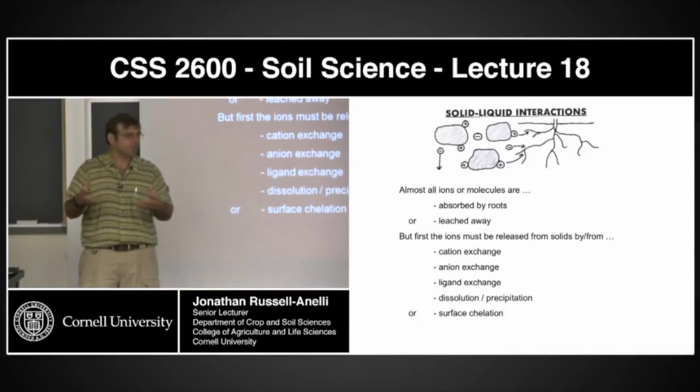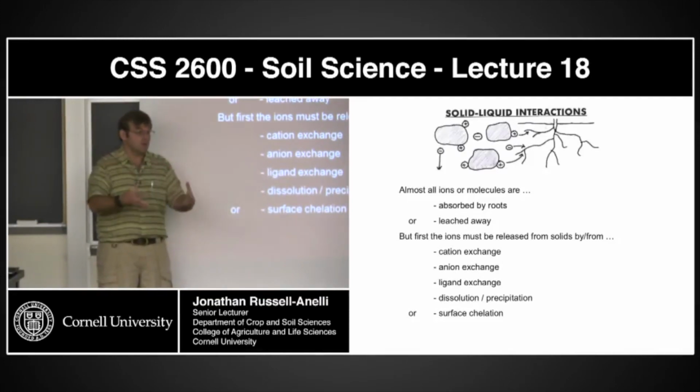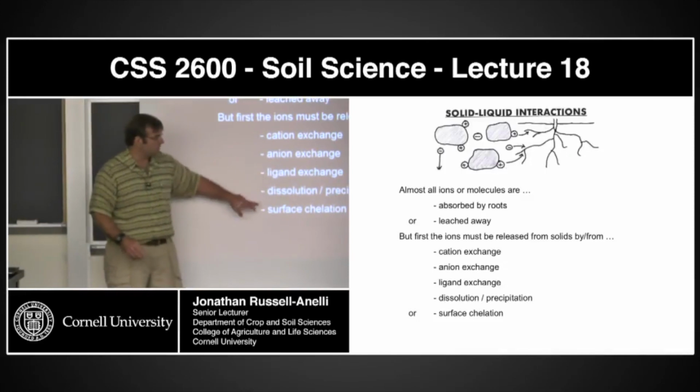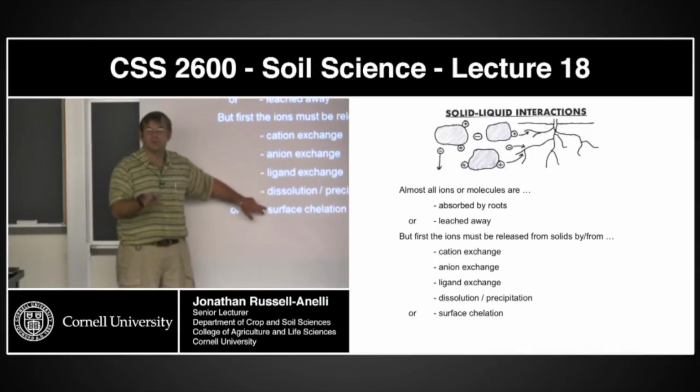We can also have dissolution-precipitation reactions, like when I throw calcium carbonate into acid and it starts to dissolve. And lastly, I can have surface chelation, which is a ligand bonding type of reaction, but a very specific one associated with organic molecules.